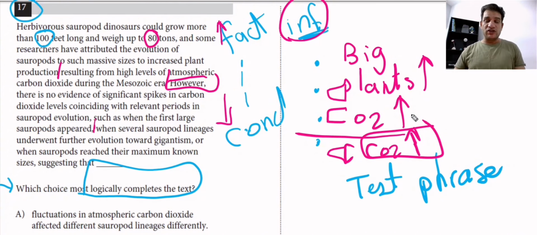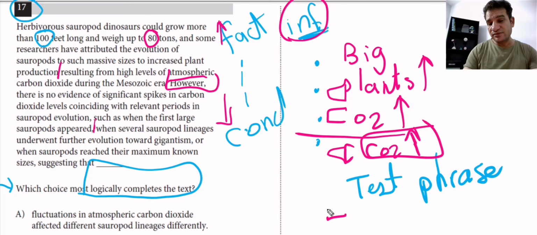So what is the conclusion? The conclusion is that the big size of these dinosaurs is not related to carbon dioxide levels in the atmosphere, right? Okay, so this is our test phrase.